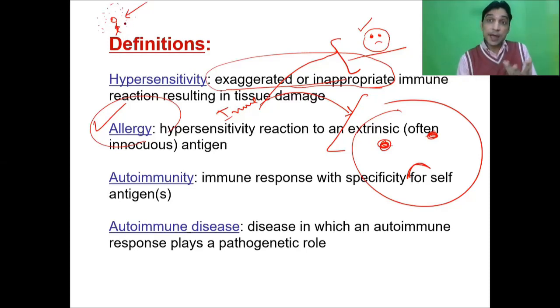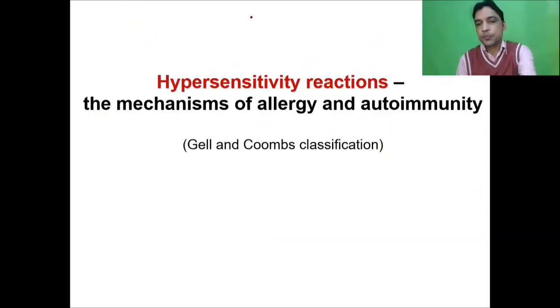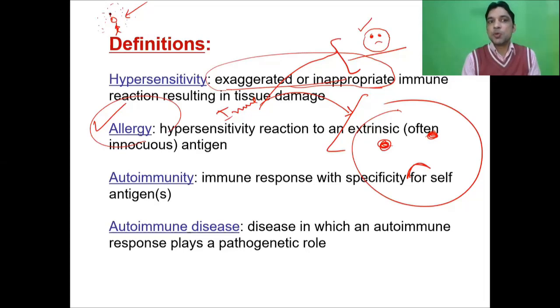Most of us can inhale those small particles, and our immune system considers them fine, as nothing, not a threat. But what if somebody's immune system starts fighting against those small microparticles, which are not supposed to be a threat, and that person's immune system starts reacting against those things? Such a thing is called allergy.